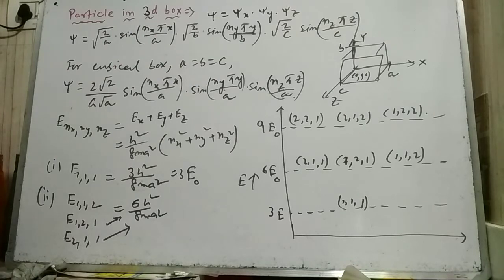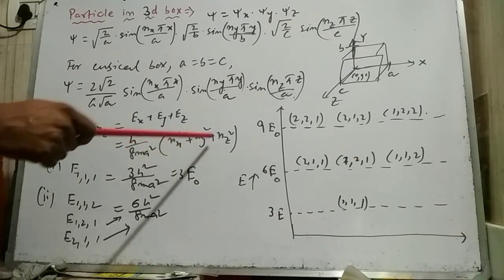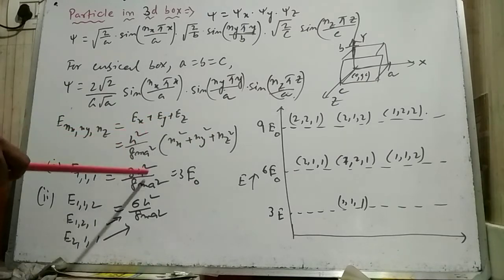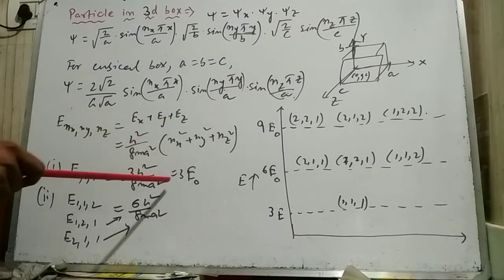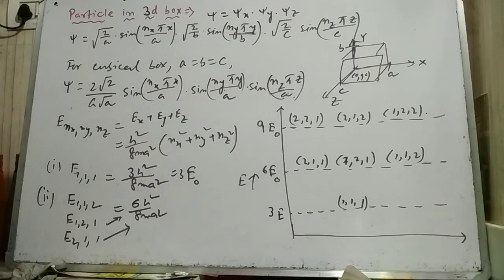Now in case of zero point energy, putting nx equal to 1, ny equal to 1 and nz equal to 1, we get 1², 1², 1², that is 3h²/8ma², and this energy, that is 3E0, is called the zero point energy.